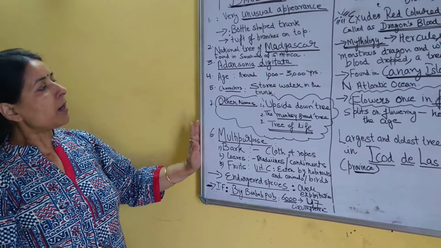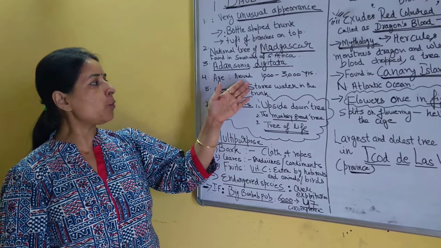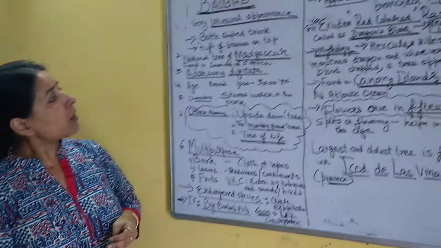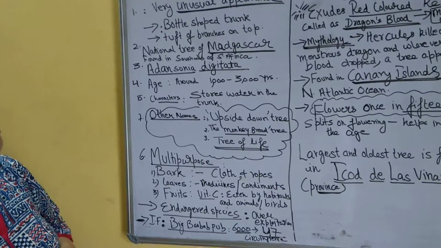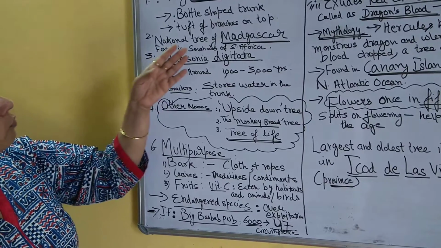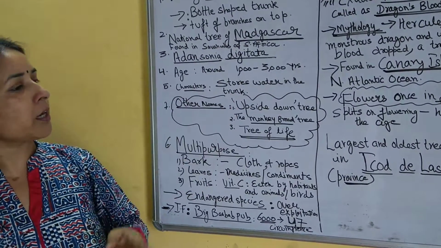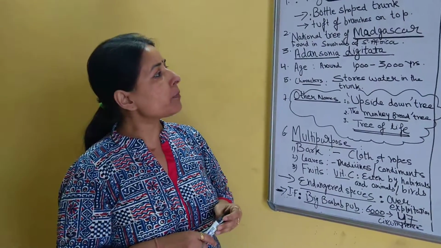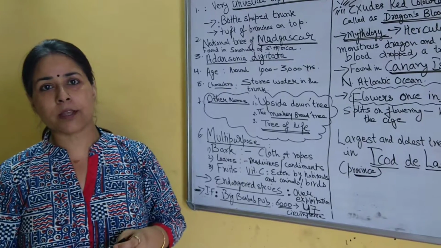It is a long-lived tree. The age is expected to be from 1000 to 3000 years. Now the most important characteristic is the unusual appearance, and secondly, the bottle-shaped trunk stores a lot of water because its presence is in the areas where very little water is there.